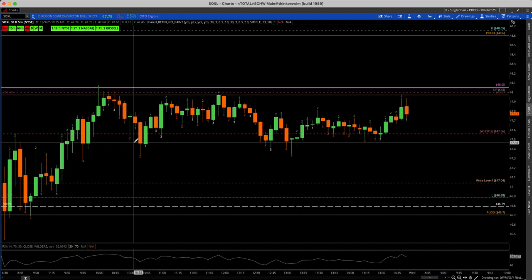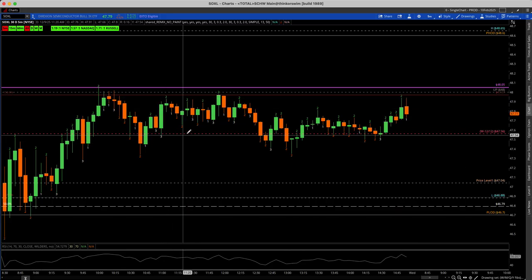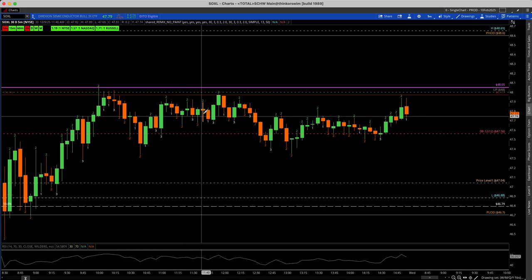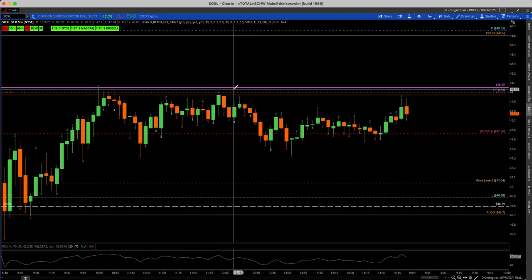Pushed down, made a higher low, but at this point started making lower highs, accompanied by higher lows, which just signals consolidation. And so at that point, the second time we tested last week's high, we went ahead and exited the position.